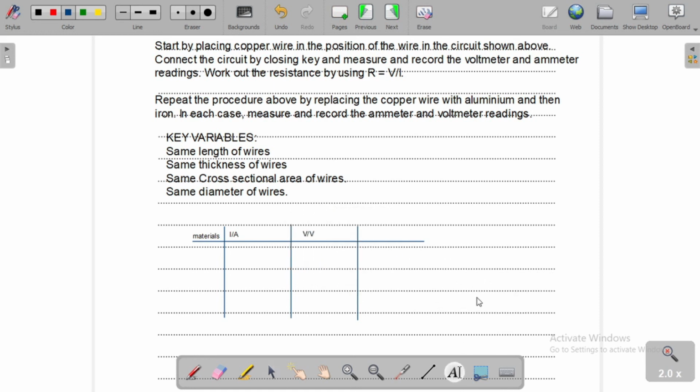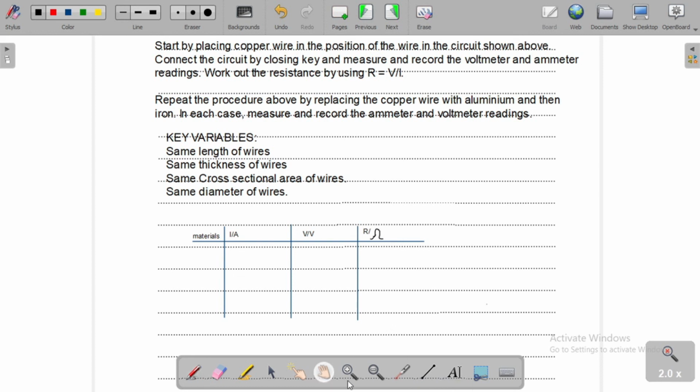And then we have resistance in ohms. Resistance is measured in ohms. Let me do it properly. And that is all.